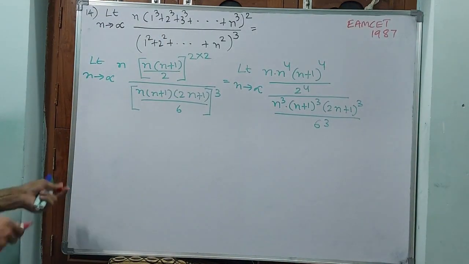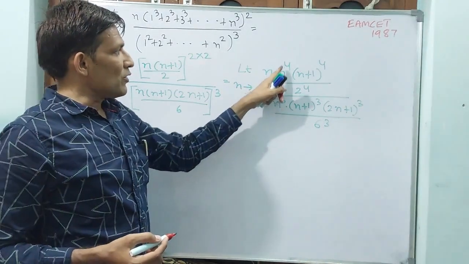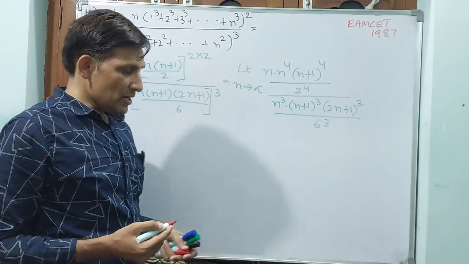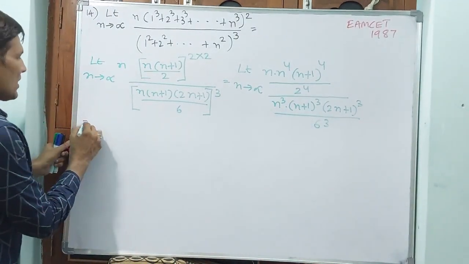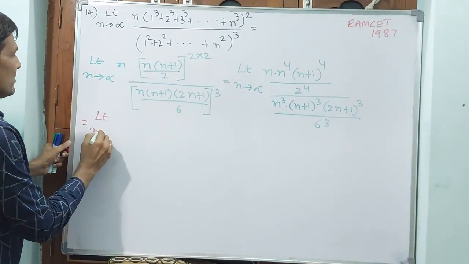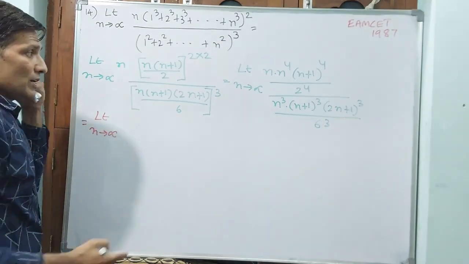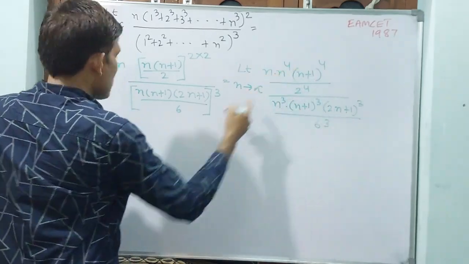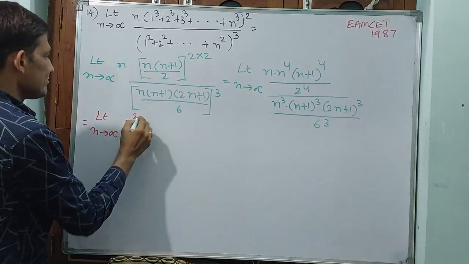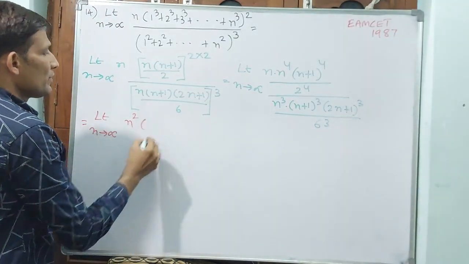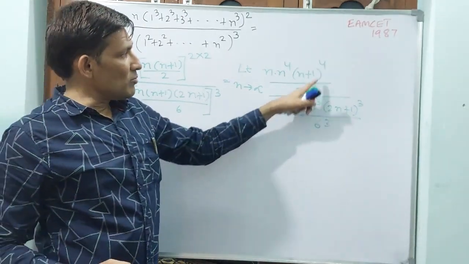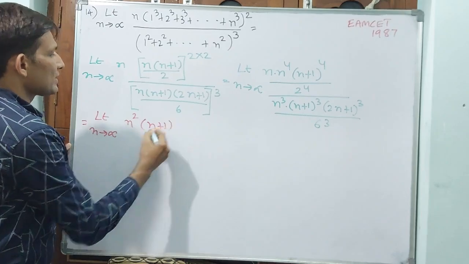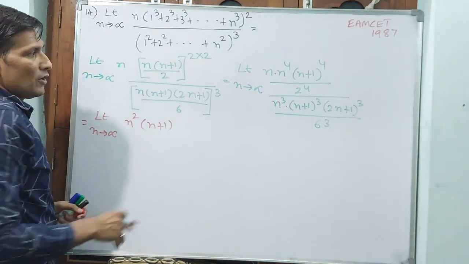Definitely okay. Now you see here n into n to the power of 4 means n to the power of 5 is there, here n cube is there. That is equal to limit n tends to infinity, n cube means n to the power of 4, n square will be there, into n plus 1 to the power of 4 over n plus 1 cube, n plus 1 will come, that's all. Why? Because the n plus 1 to the power of 4 and cube have cancelled.